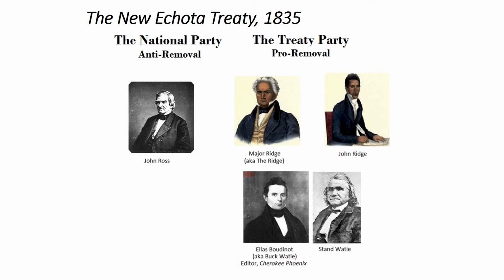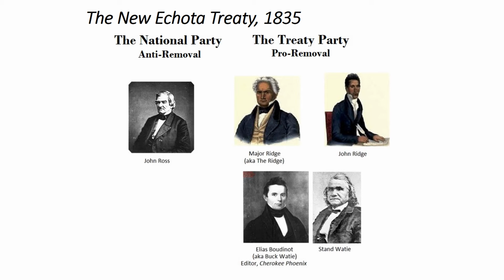He had been out there with Dragging Canoe in the 1780s and 1790s, fighting against settlers in Tennessee. He started calling himself Major Ridge after the Creek War, when he had led Cherokee forces in alliance with Andrew Jackson.